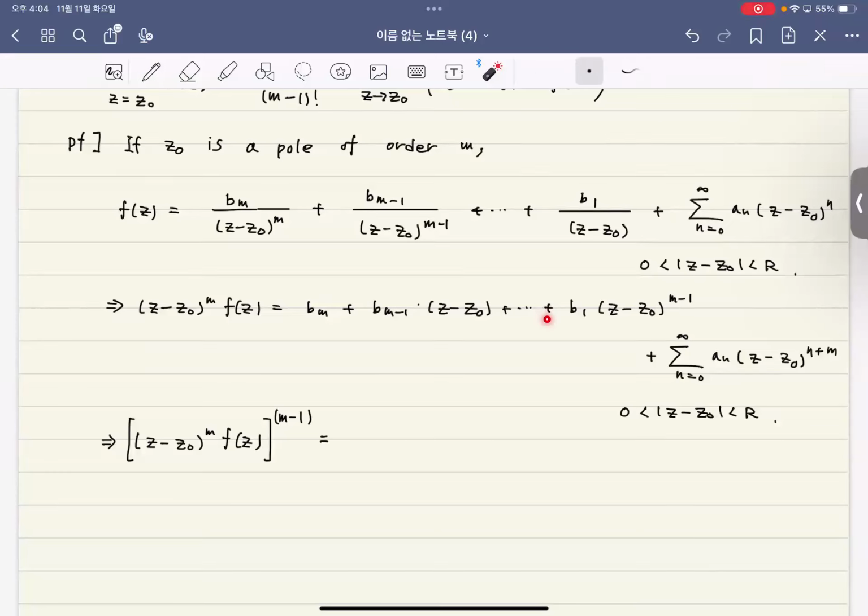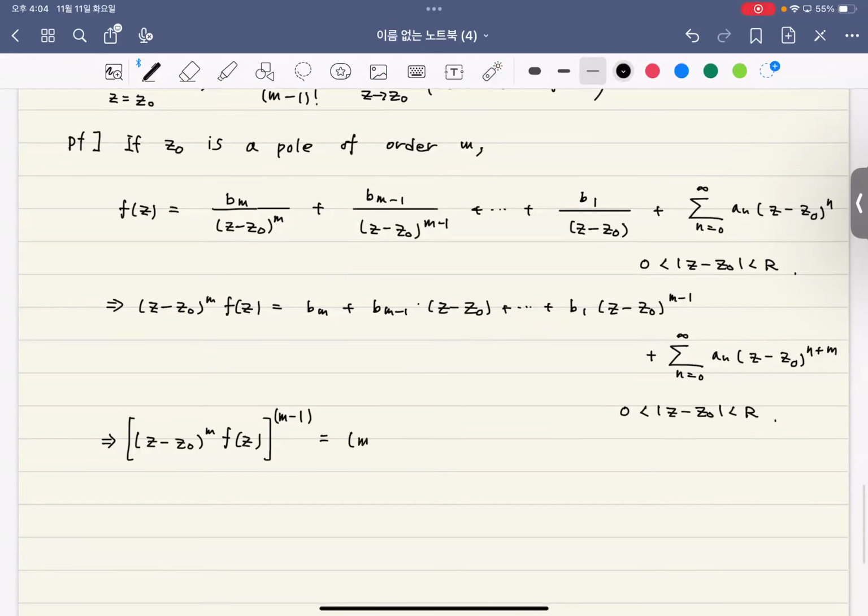These are all polynomials whose degree is less than or equal to m minus 2, so by differentiating m minus first times, these all vanish.